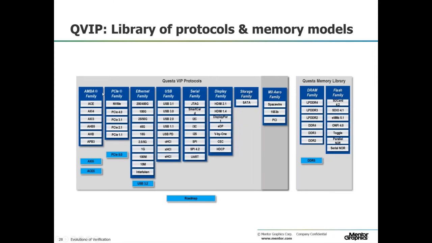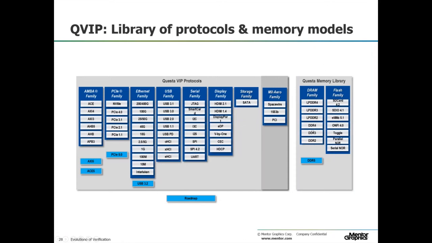PCIe is probably the biggest seller we have. That's the most people using it. Ethernet is a close second, I'd say. AMBA is a big one as well. We also have a memory library.